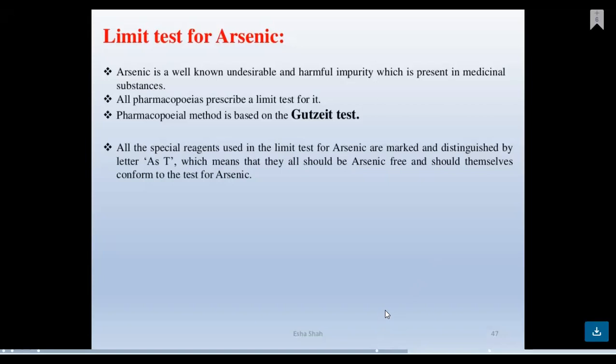Arsenic is a harmful undesirable substance which is likely to be present in a given unknown medicinal substance, so it should be devoid of it. Therefore, pharmacopoeia has prescribed a specific apparatus for performing its limit test, which is known as Gutzeit test. And the reagents used for performing the limit test should be devoid of arsenic. That is, they are labeled as AsT.